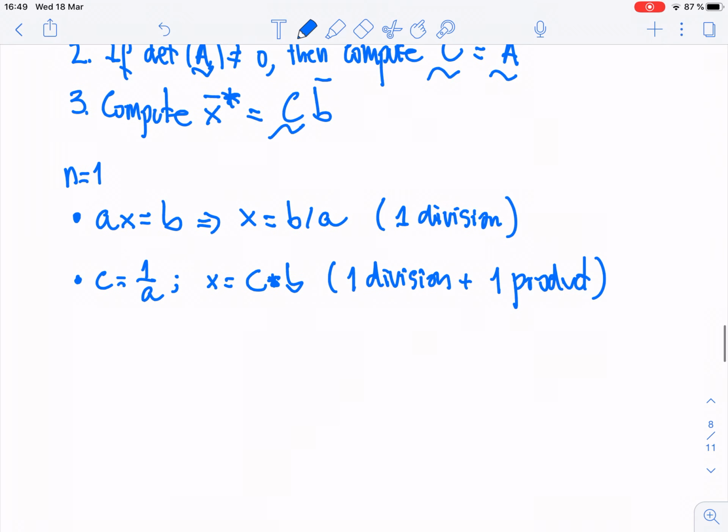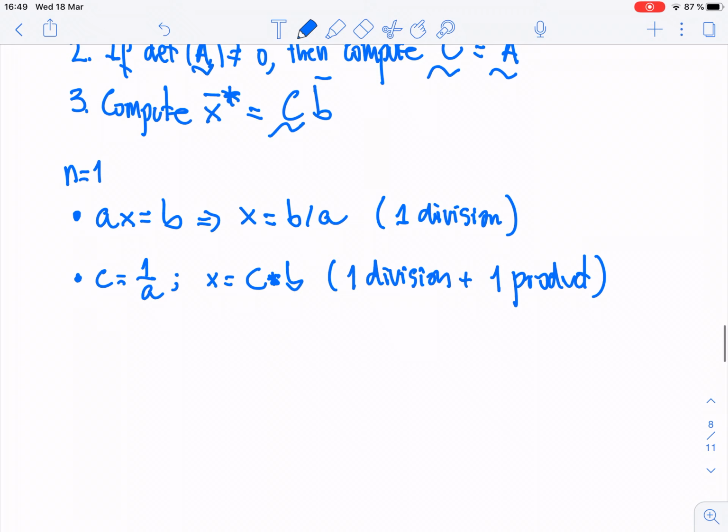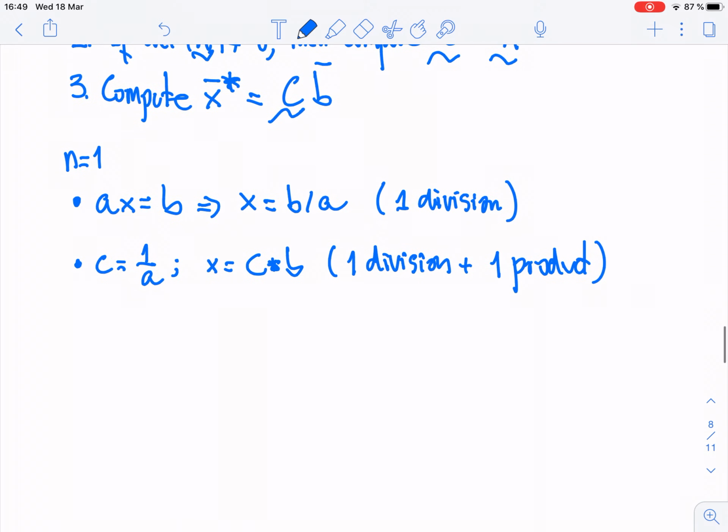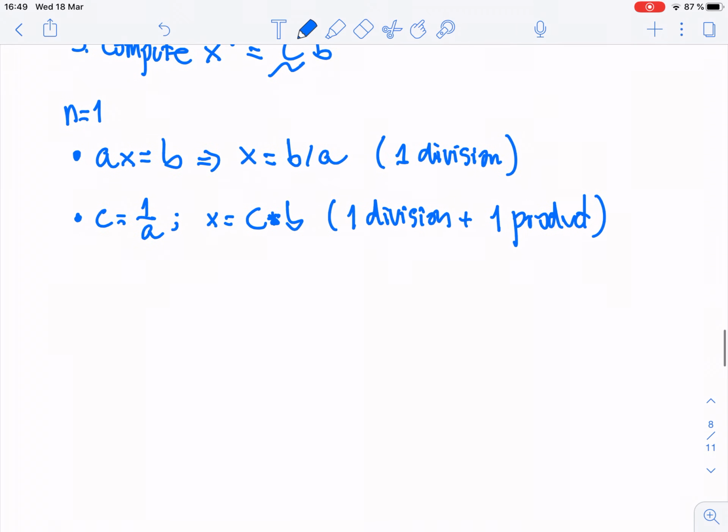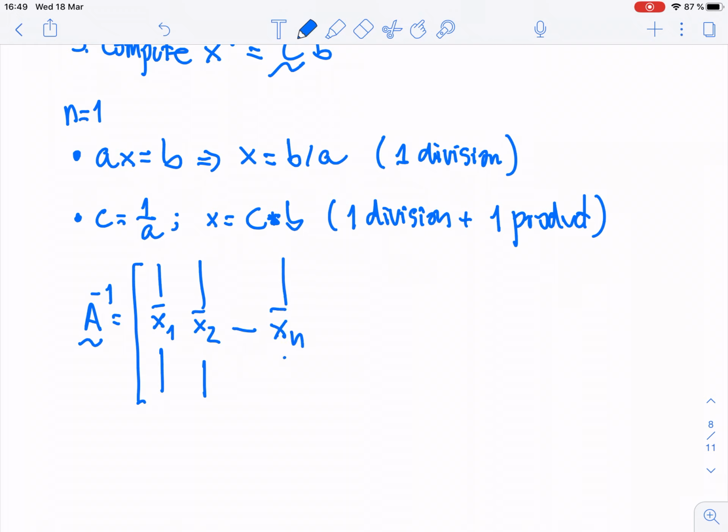Okay. Another argument to illustrate that the explicit computation of an inverse matrix is inefficient is the following. Matrix A inverse may be thought of as composed of its columns. So first column is x1, second column is x2, third column is xn.